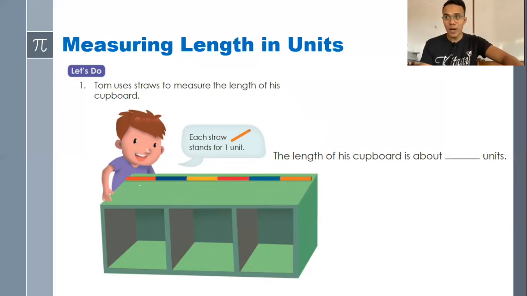We have 1, 2, 3, 4, 5, 6. There are 6 straws, therefore the length of his cupboard is about 6 units, not straws anymore. Okay, because we are measuring lengths here in units.